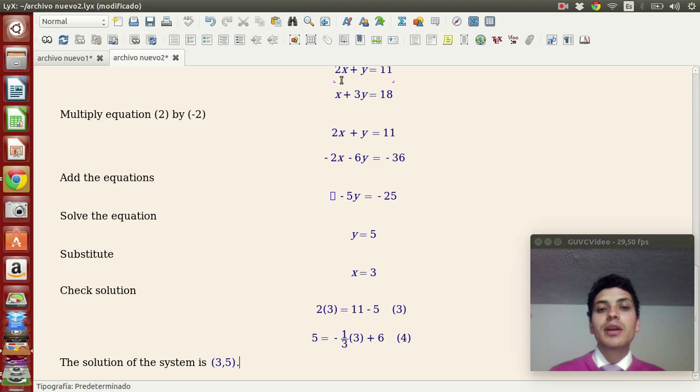Sometimes when you have the equations in a standard form, you have to multiply both equations. You have to do the same deal, but remember, the goal is to have opposite coefficients for the same variable. And when you add them, you will have just one variable. Okay? I hope that you enjoyed the video, and see you next time.